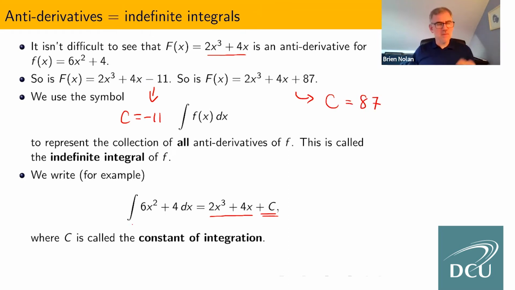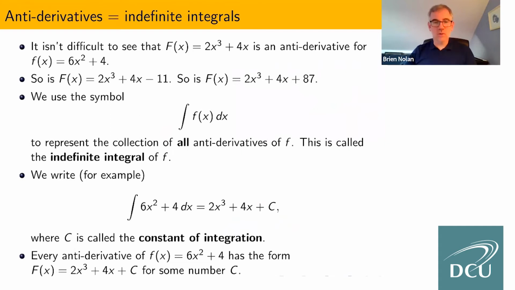Okay, so just a bit of notation and a new definition, a new term to get used to there, the idea of an indefinite integral. This plus c is really, really important. It has to be there. Our answers in some settings will simply be wrong if we don't have the plus c. So anytime we look for an antiderivative, we're looking for an indefinite integral, and we always make sure to put in the plus c.